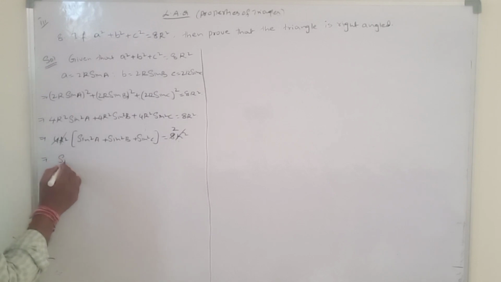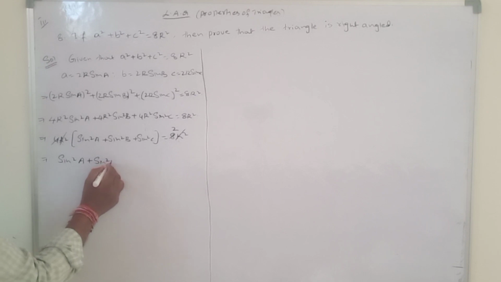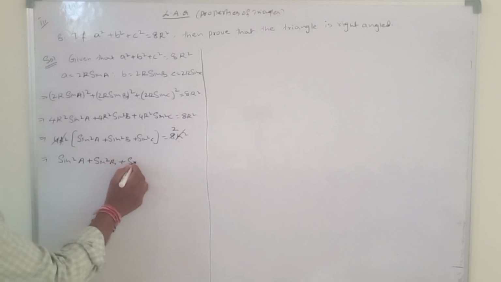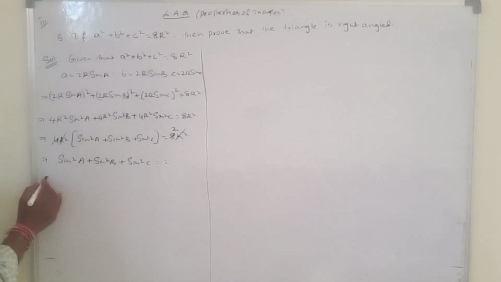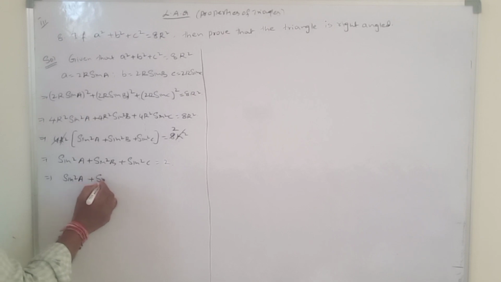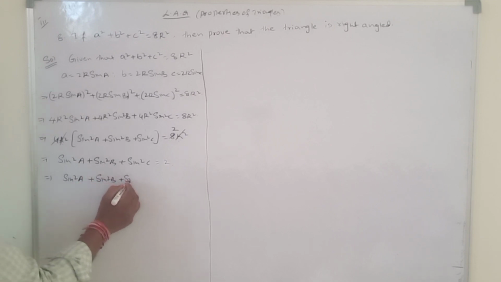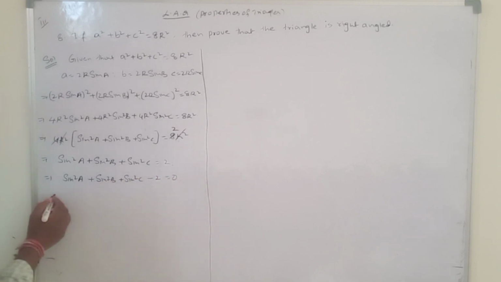So then what is remaining? Sine square A plus sine square B plus sine square C is equal to 2. So you have to write this as sine square A plus sine square B plus sine square C minus 2 equal to 0.